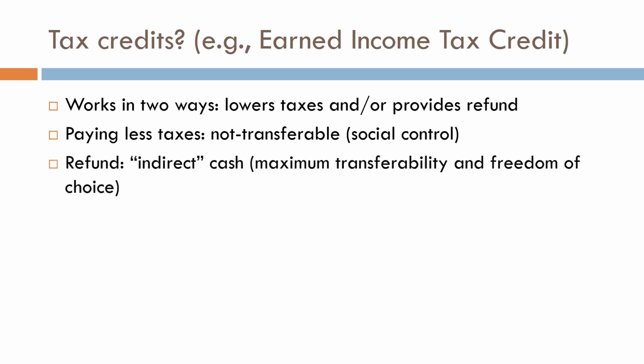But getting a refund is kind of like an indirect cash payment, which then has maximum transferability and freedom of choice. One value underlying such credits is the idea that the working poor are deserving of help. The key here being working poor, or working, I should say. And if we remember back to the Protestant work ethic, etc. Okay.